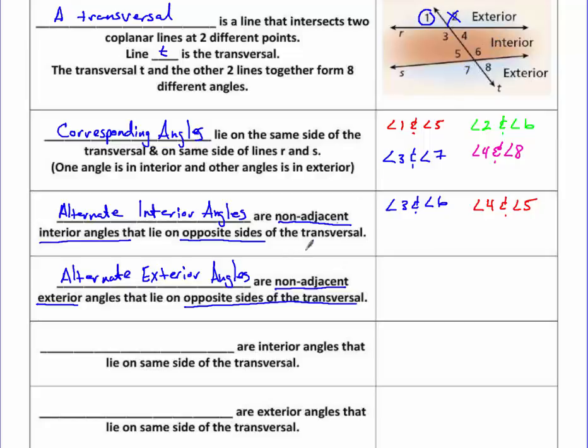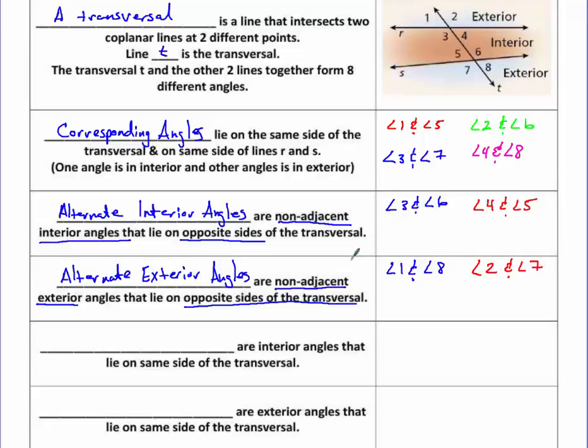Angle 7 is not on an opposite side of the transversal, so it's not that. So angle 1 and angle 8 are called alternate exterior angles because they're on alternate sides of the transversal and they're on the exterior of the two lines. So angle 1 and angle 8. And then we also have angle 2 and angle 7.